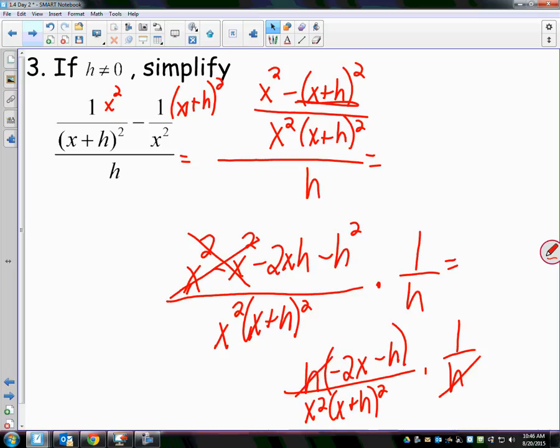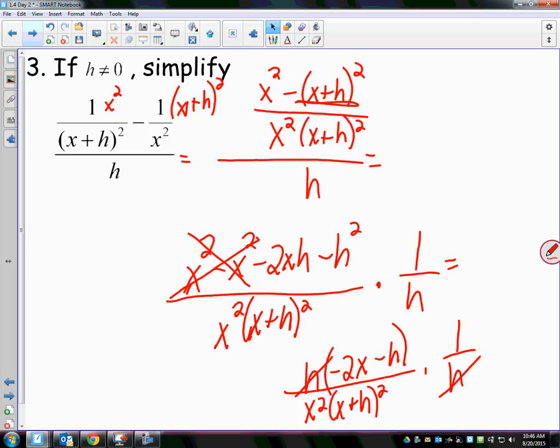And every single time that they give you a problem like this, the algebra will work so that you can get to a point that you can cancel out that h in the denominator, so that if they asked you what happens when h equals 0, you can actually plug it in and give them an answer, instead of saying it's undefined, right?